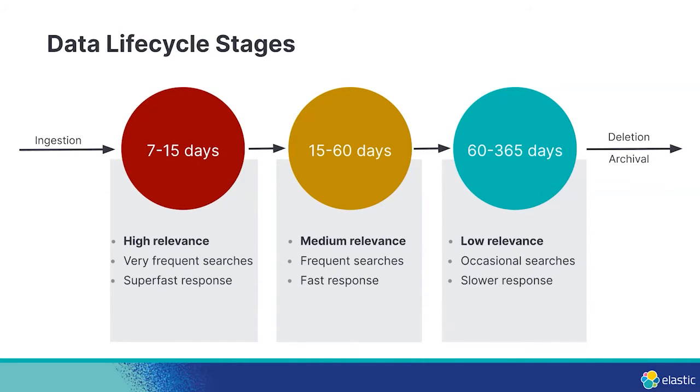Then the data reaches the point where it's either driven by company or legal requirements as part of your annual audit, proving you can pull back data from a year ago, or for serious incidents to do an exhaustive search. Here it falls into low relevance. Searches are occasional and slower response times are typically quite acceptable. Eventually, the data makes its way to deletion or archival into another system.